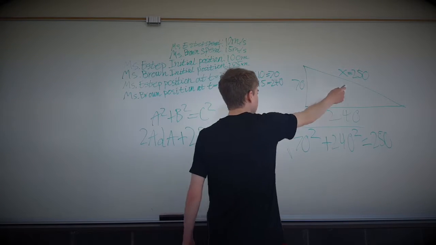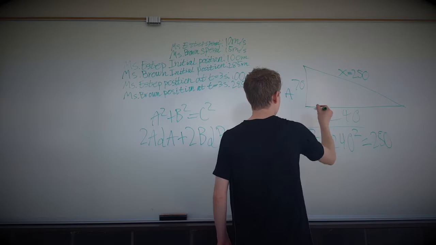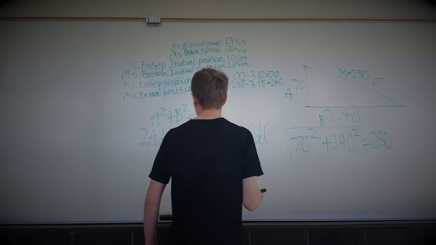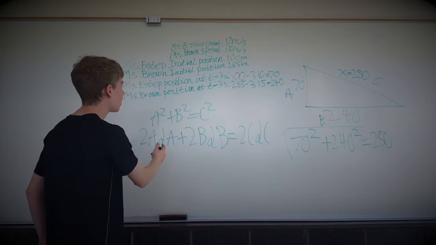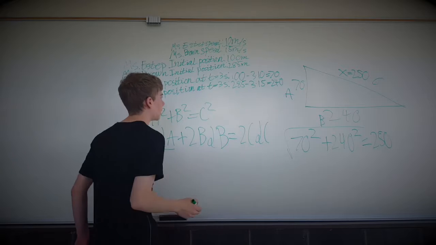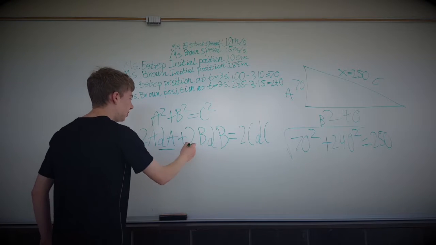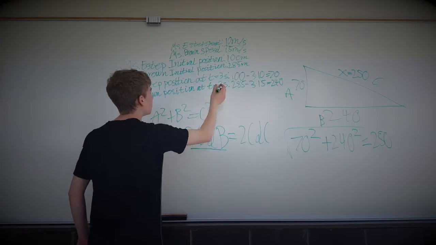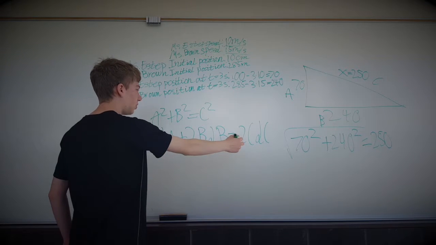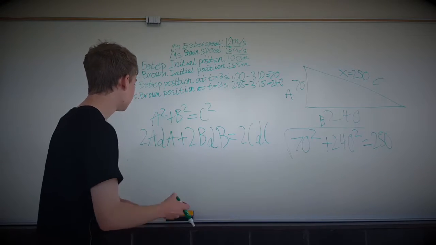We just solved for C. So we have A, we have B, we have C. Then we are given dA, which is 10 meters per second, and we are given dB, which is 15 meters per second. So we just need to plug in and solve.